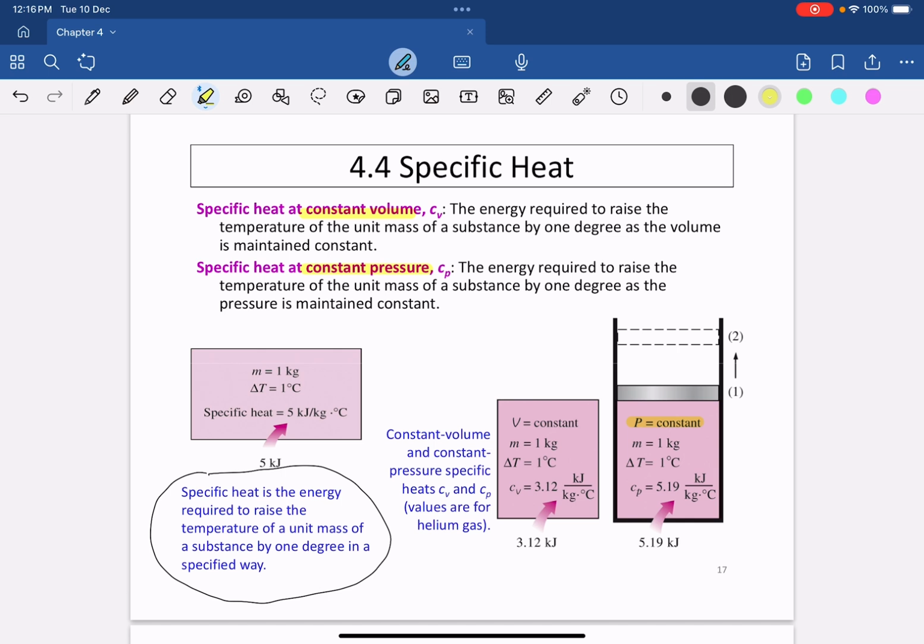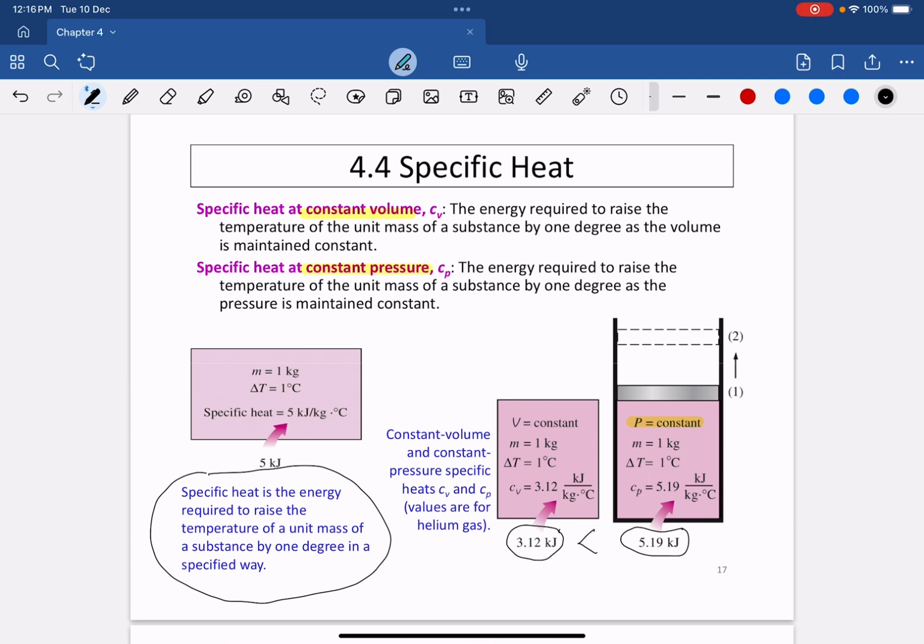So if you can see here, the amount of CV is always lower, or I can say the amount of CP, the specific heat for the constant pressure system, is always larger than the amount of CV, given the same substance, the same mass, and the same temperature difference.